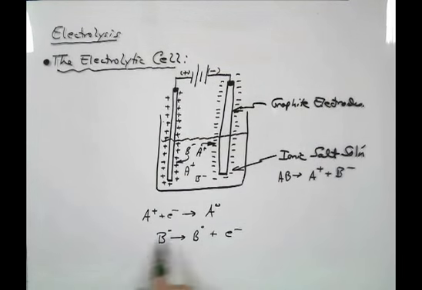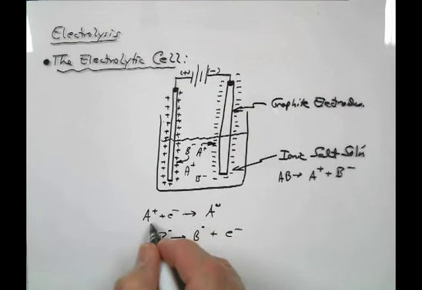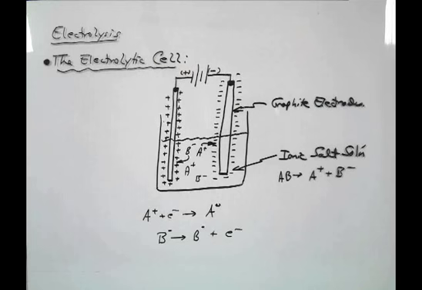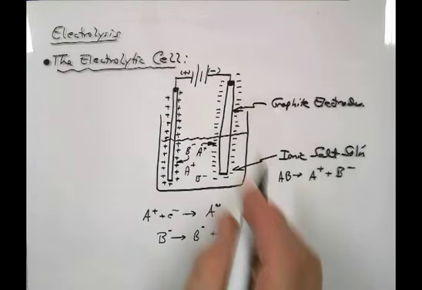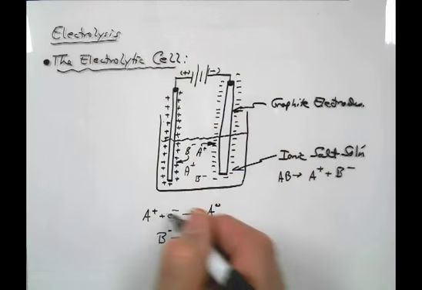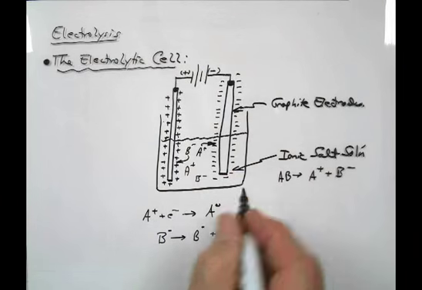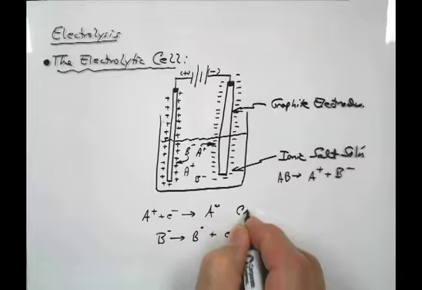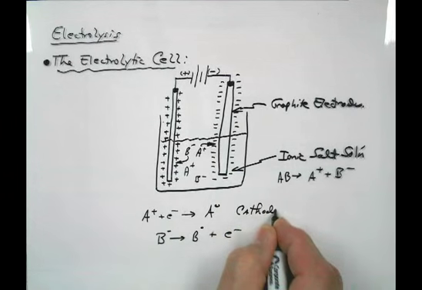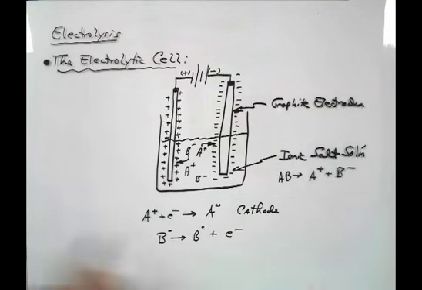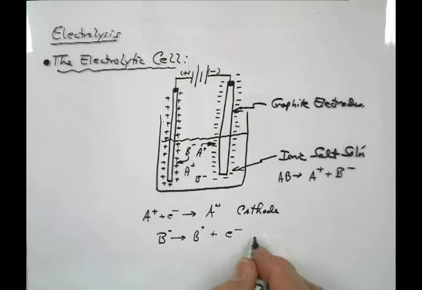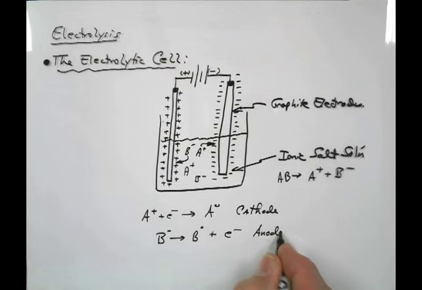Hang on. Okay, the point here is some terminology in the reduction and oxidation. When we look at this structure, when we look at the reduction side of this, we call that electrode the cathode. And when we look at the oxidation side of this, it is the anode.